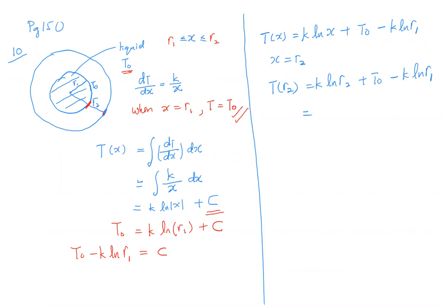So when you have ln, what can you do? You can combine them into one ln, correct? Done.